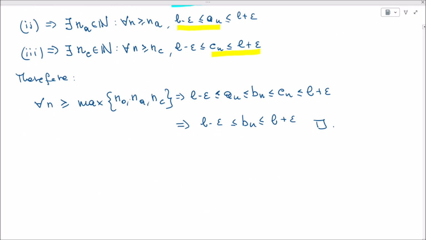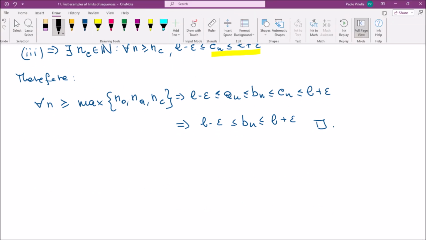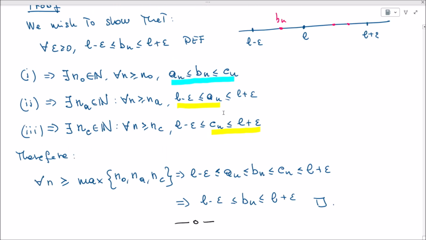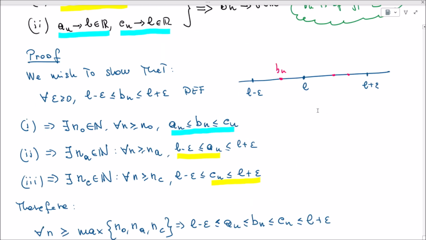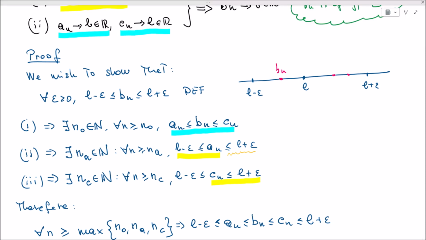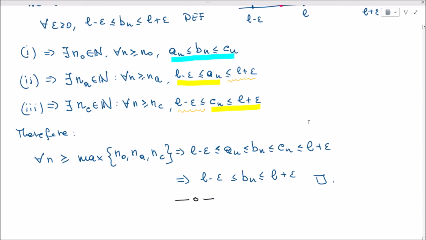Just one consideration: there were parts of the theorem that were not used, okay? For example, we didn't use this part of the second statement, or this part of the third statement. So that was a little bit more information than we needed.